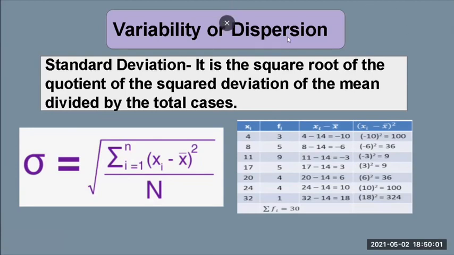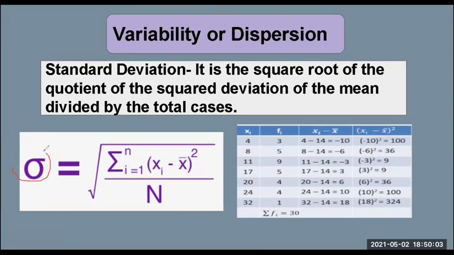So again, summation of x minus the mean squared. Our answer a while ago is 102.33, and we are going to get the square root.